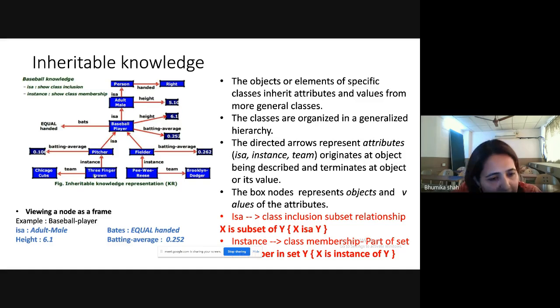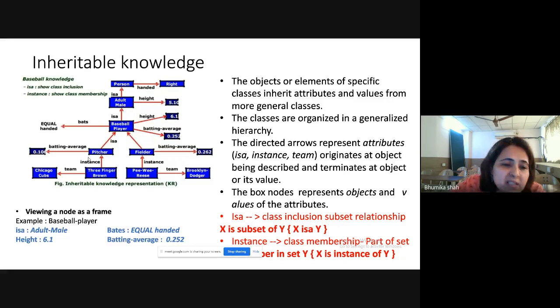So the first question is, do you have the batting average attribute directly available with Three-Finger Brown? If yes, reply with the directly available value. But in this case, batting average is not directly available with Three-Finger Brown. Are you getting this? In that case, what do we have to do? We see that Three-Finger Brown is part of pictures, an instance of pictures, one of the pictures. So what will we do?